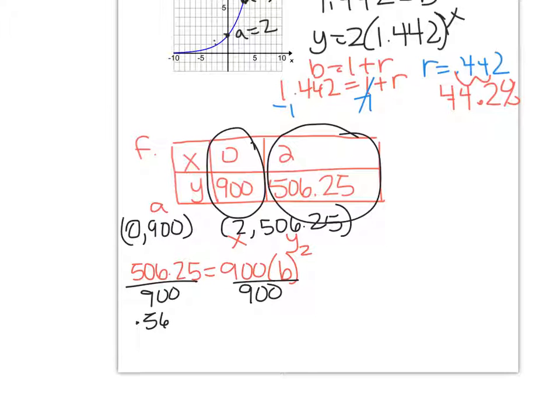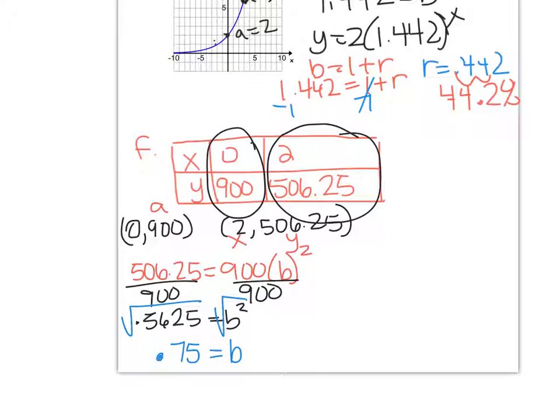That's the whole thing, so it doesn't seem worthwhile to round it. I'll just write the whole 0.5625 equals b to the second. And then the opposite of squaring is square rooting. So regular old square root. What is the square root of 0.5625? 0.75.